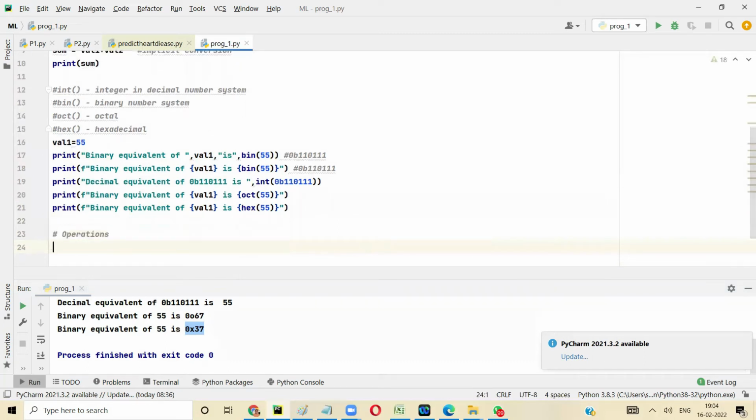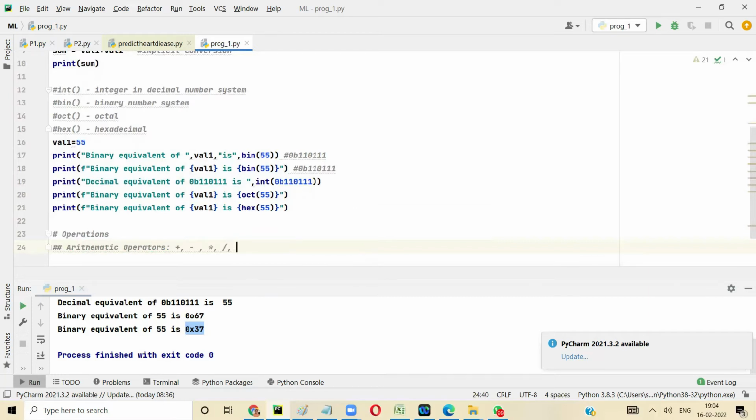So we have arithmetic operators. Arithmetic operators are your plus, minus, into, division.